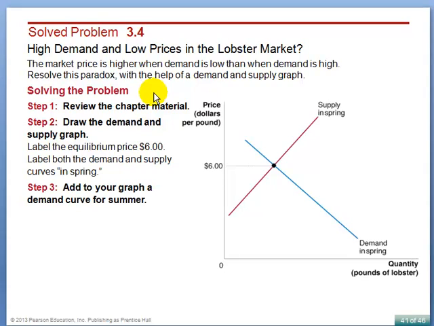Well, during the summer, when the demand for lobster is much higher, the lobstermen typically sell their lobster catches for only about $3 per pound.